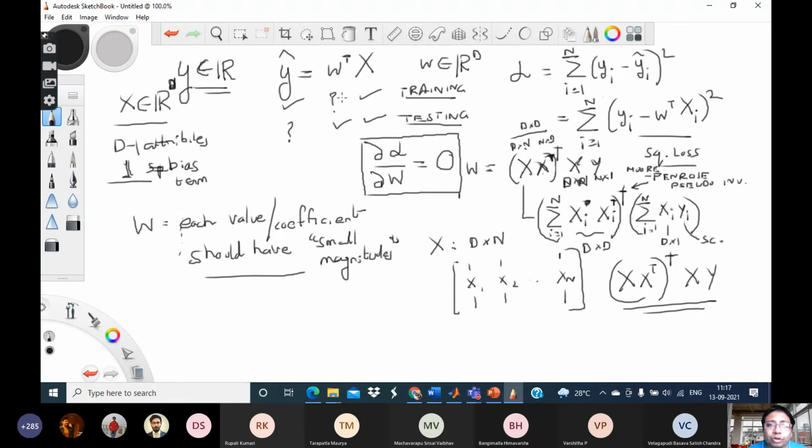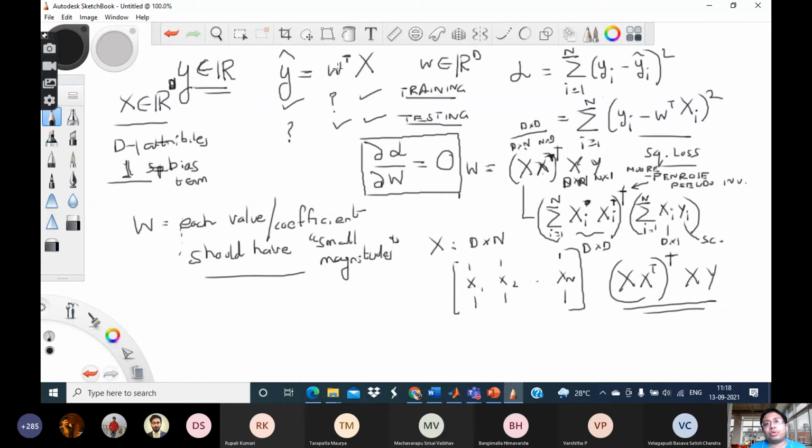Otherwise also we may not want any particular feature to dominate over the other features. I may want that in some situations, but in other situations, if I am convinced that none of these attributes is particularly important compared to the others, then I may not want them to have very divergent weights.